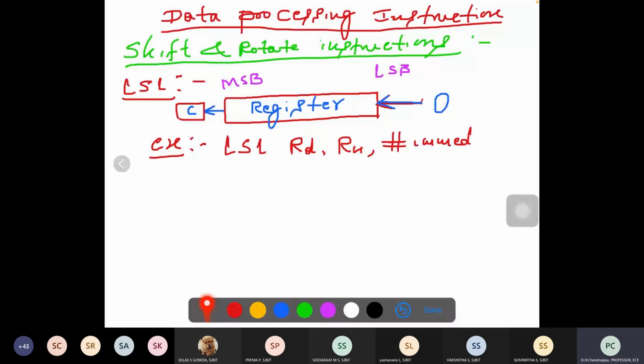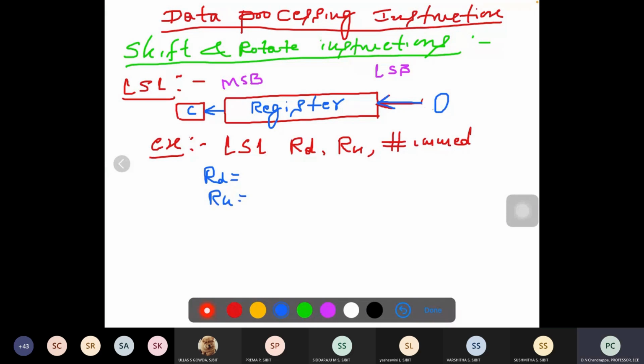But sometimes we use a third operand also, where we specify numbers, because in these instructions we use an immediate value. The hash indicates the immediate value we are going to assign. So what are these instructions for? It is very important.